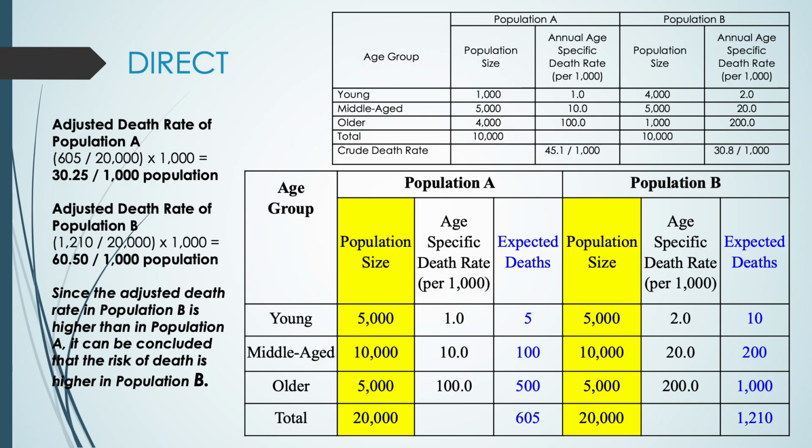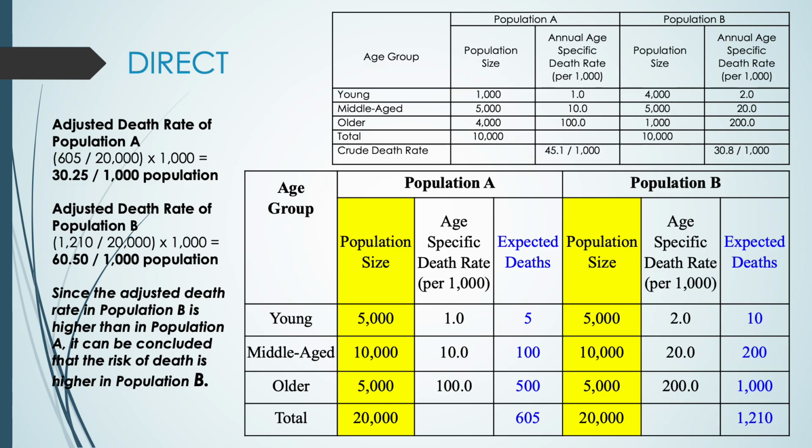When we have gotten all the expected deaths per class, we add the expected deaths to get the total of 605 in population A and a total of 1,210 in population B.